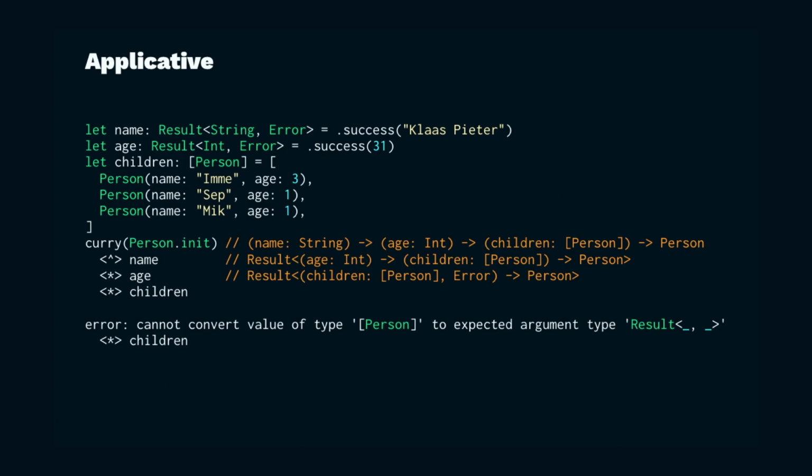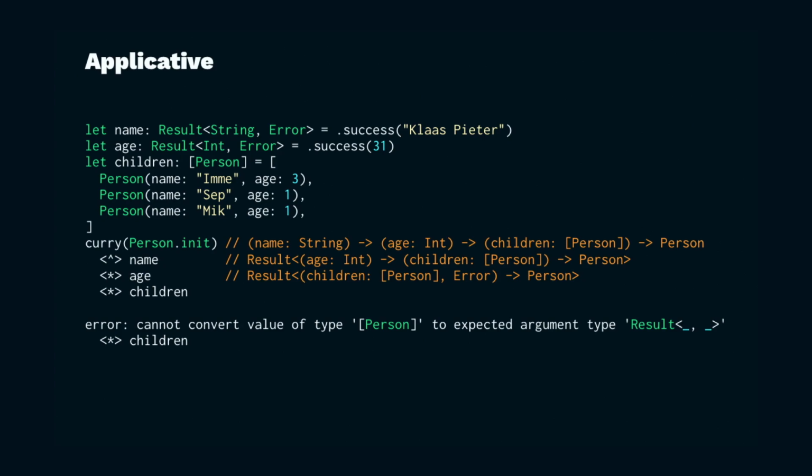Let's say we need to do result because Swift automatically lifts optionals when necessary, so we can't use optionals anymore. But let's say we use results instead, and the name and the age are both already results, but children is defined in the app, doesn't come from an API, so it's not a result. It's just the children's array. If you now try to use this same flow, then you get an error because it's expecting a result that contains an array of persons, but we're giving it just an array of persons.